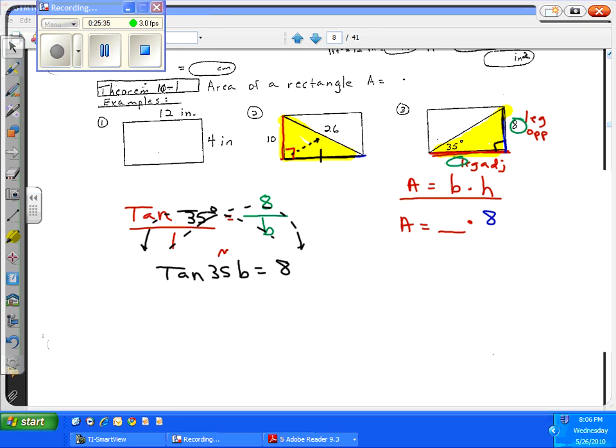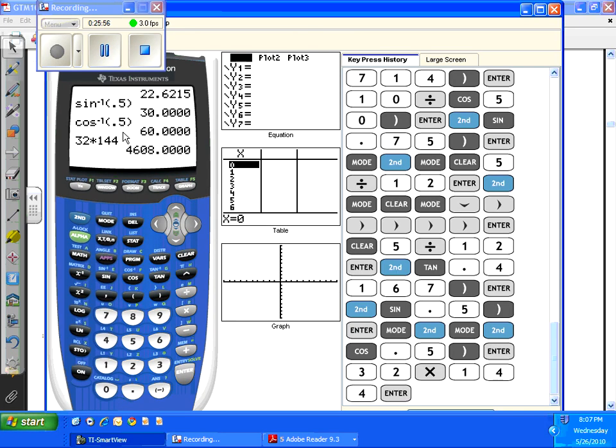I'm now going to undo multiplication to get that tangent 35 off of b. We undo multiplication by division, and I get b equals 8 divided by tangent 35, and then I don't have to round as I go.